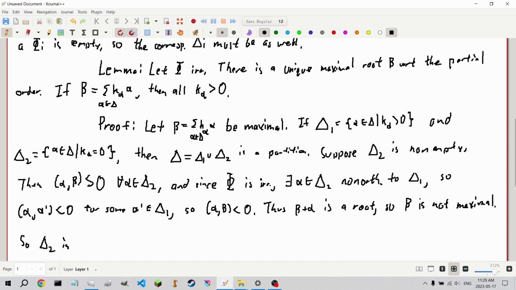So delta 2 is empty. So k alpha is positive for all alpha in our base.